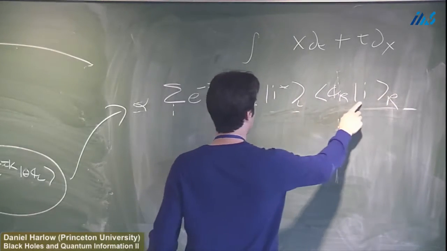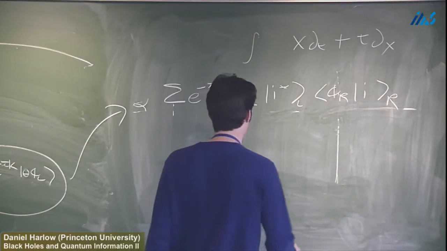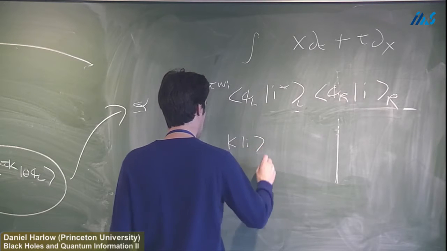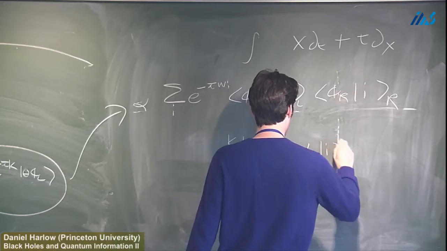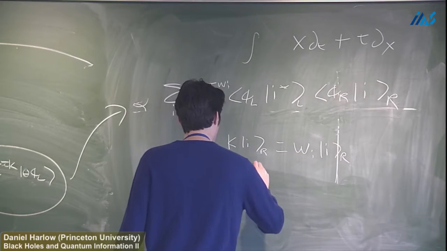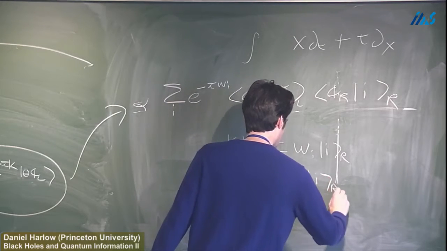I've defined everything except for this i and this i star, but these are just the eigenstates of the boost operator on the two sides. K acting on i right is omega_i times i right, and i star left is just this CPT operator acting on i right.